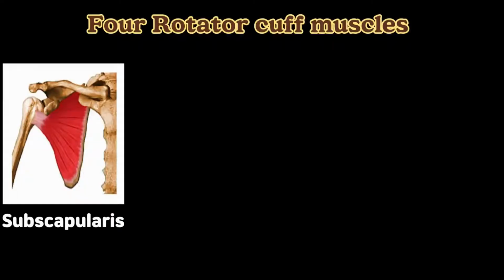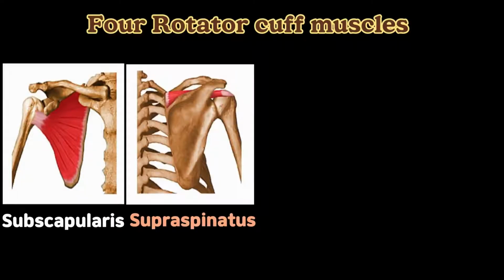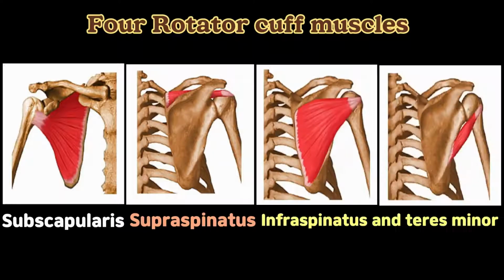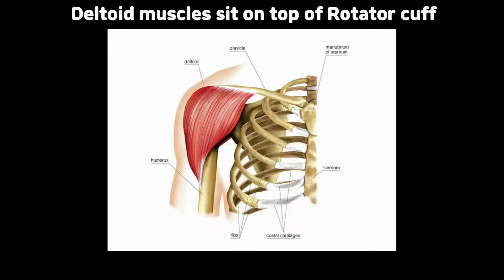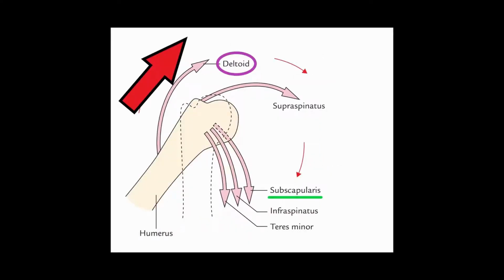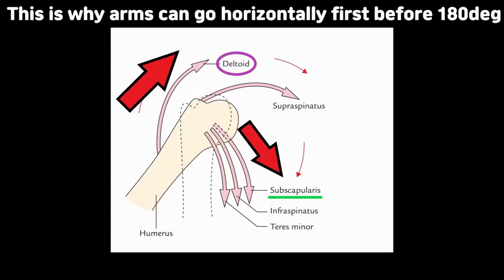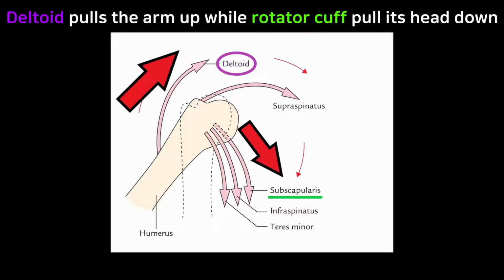There are 4 rotator cuff muscles. I'll do one on the front first, and then a second one on top, and the remaining 2 in the last video. So there will be 2 more videos coming. Let's have a look at the function of the rotator cuff muscles. The primary mover of the upper arm bone is actually the deltoid muscles. So when the deltoid muscles lift your arm up, the rotator cuff muscles pull the head of the humerus downwards.